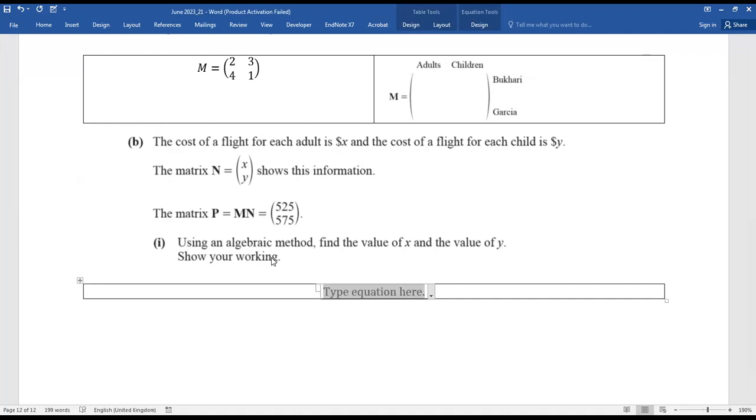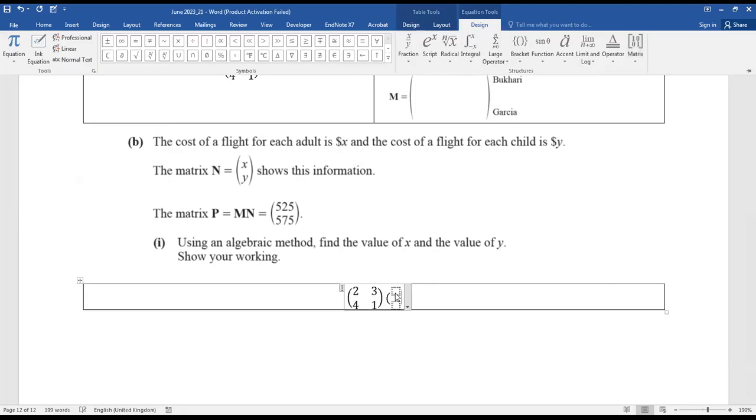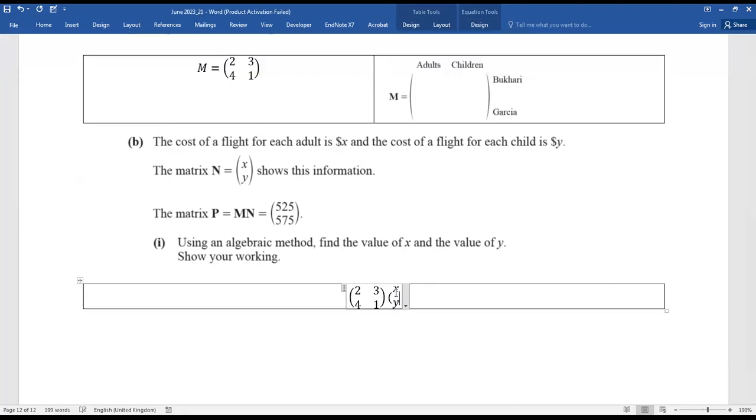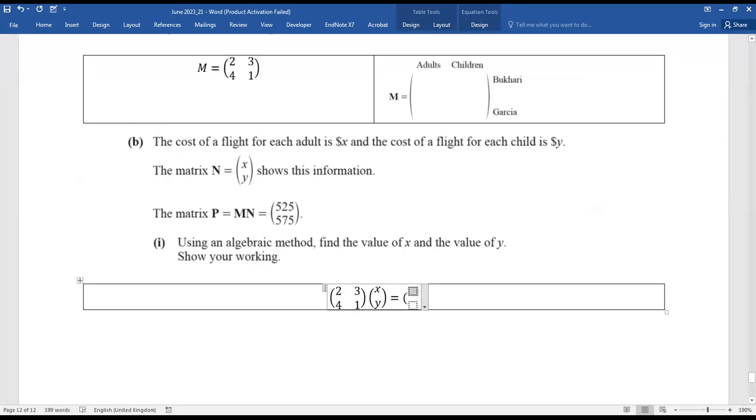We already have the matrix M, which is this. We'll just have to multiply it by the matrix N, which the question has already provided. X and Y, and the answer is also provided, which is 525 over 575.